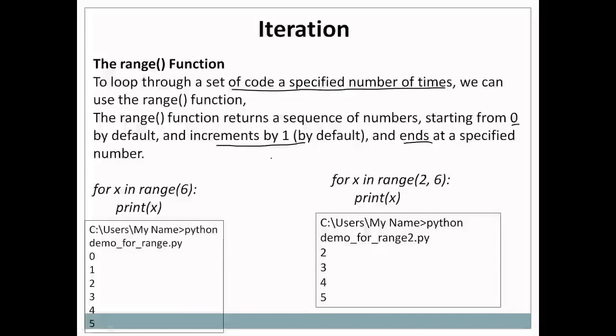So the general syntax of this is range. Just consider this as range, and we have the range function. We have three important parameters. The parameters are start. The start is by default 0, as I said.